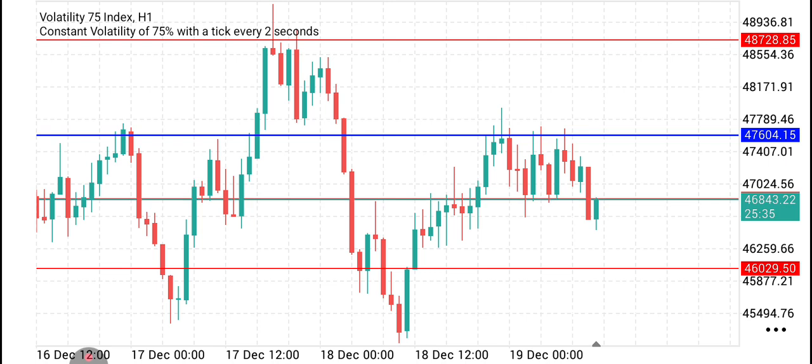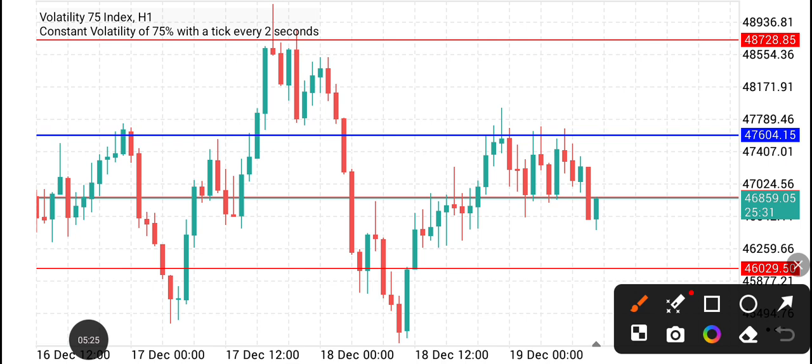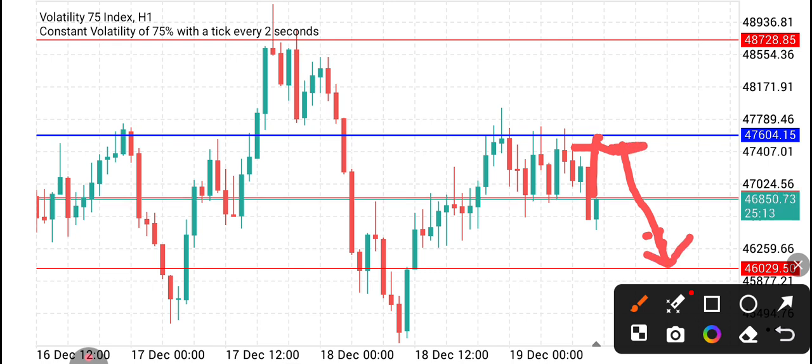So we're just waiting for the market to move. If you see these candles, if it moves highest to this point and gets rejected, you can see that it can go down from this point. So a rejection will be expected around here as the candle is moving.